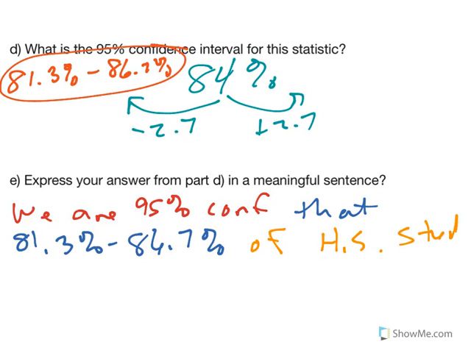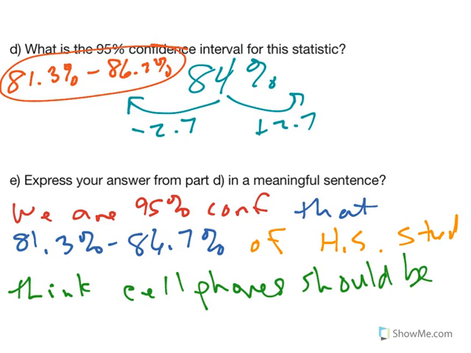What are they doing? Think cell phones should be allowed in class. You're always going to be 95% confident because it's the only interval we're dealing with. So you're 95% confident that your interval, 81.3% to 86.7% of high school students, you've got to talk about who you're talking about, and think that cell phones should be allowed in class.